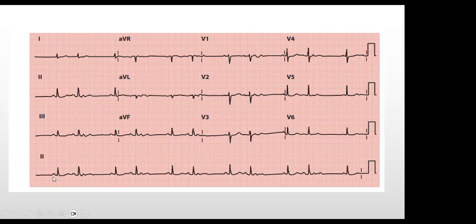If the PR interval were normal and you don't have a drop, you can begin to think of atrial bigeminy or atrial trigeminy, as the case may be. But here you could see what gives it away: whenever you look at the PR interval, there's a progressive prolongation of the PR interval with a drop.